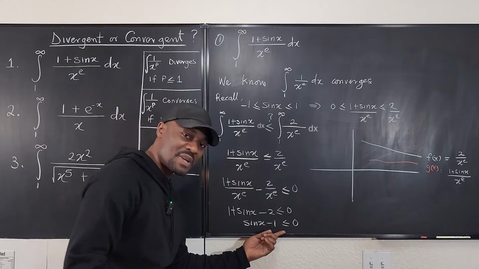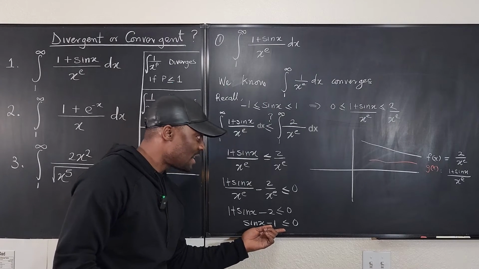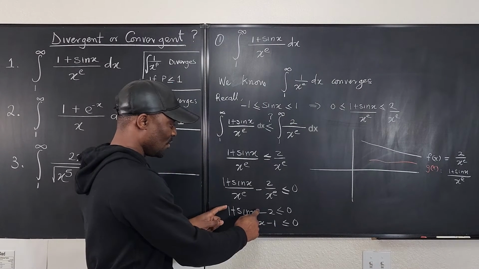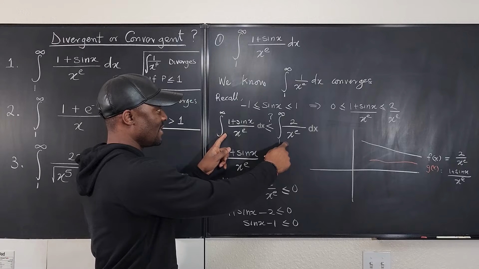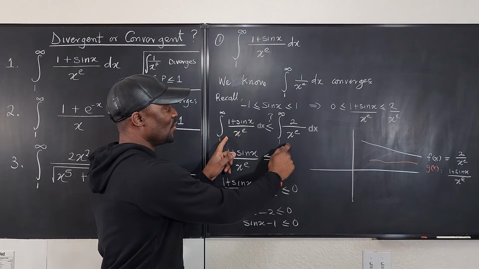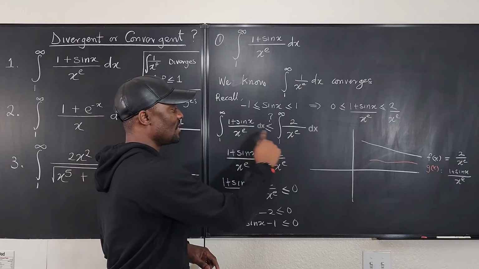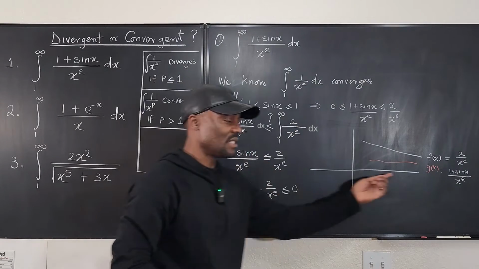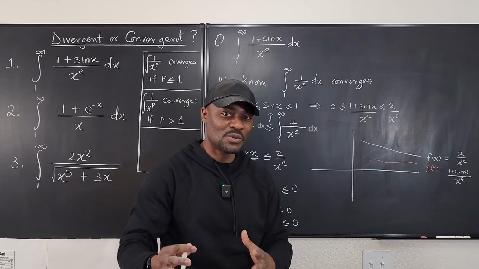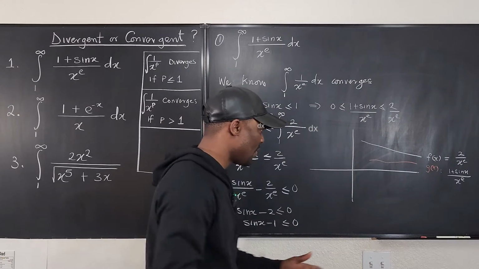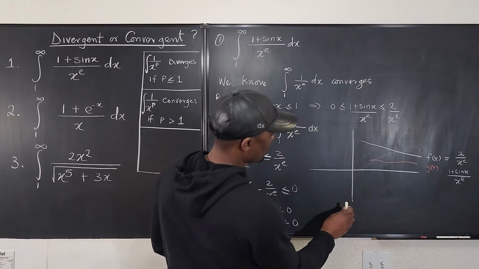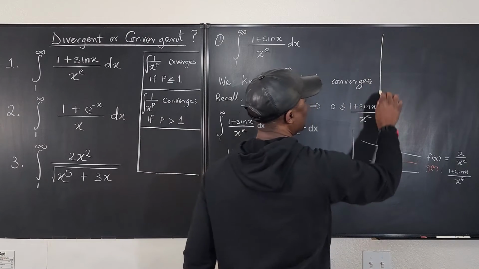So this statement is true, and because this statement is true, this is true, and this is true, and this is true, and this is true. And if this is true, because this converges, this has to converge because it is under. That's how you go through the process. Okay? So now we can say, therefore, let's write it here.